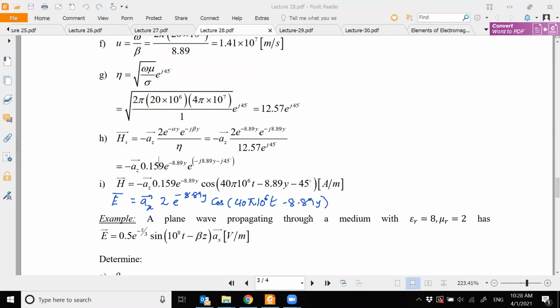So let us compare them. Are they traveling with the same phase constant? Yes. Are they traveling in the same direction? Yes. See, minus y, minus y. Are they traveling with different amplitudes? Yes.